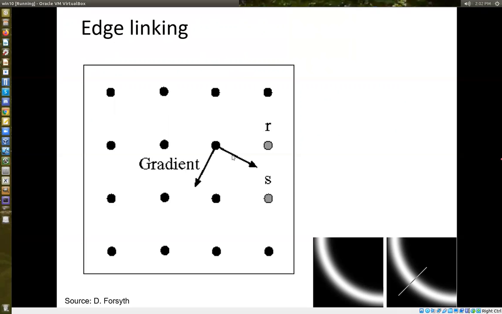We can do that because we know the gradient, right? If I know the gradient is in this direction here, I know the edge should go perpendicular. So if I'm currently processing this point here, then I know the next point, if I go along the edge, will be either this one or this one. So I can try to see if these two points also correspond to an edge. If they are, then I continue to move on and so on.